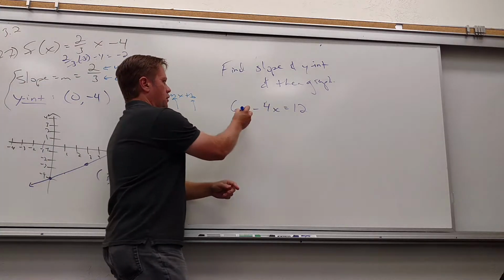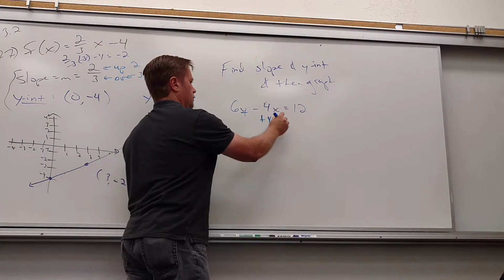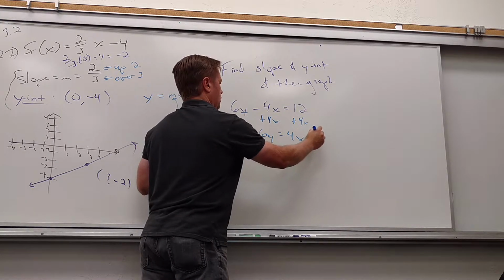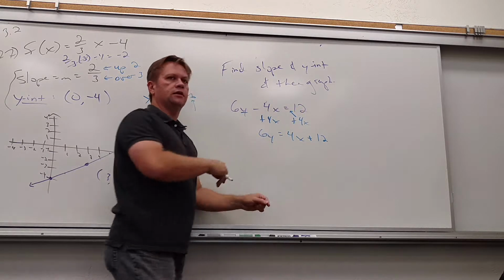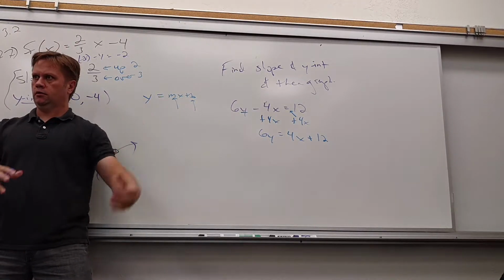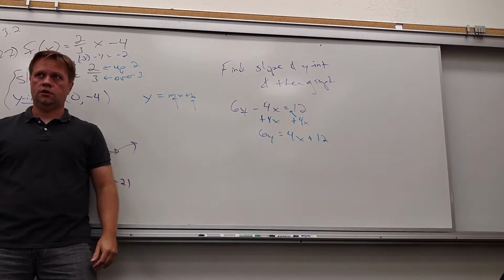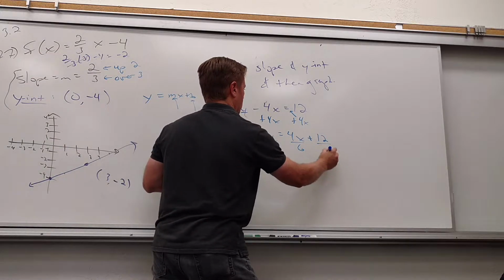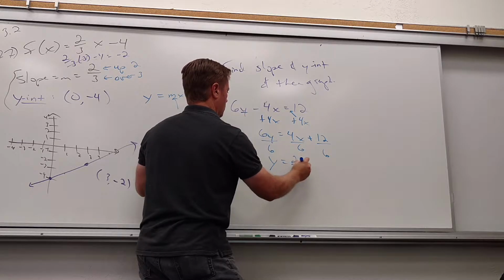Add 4x to start to get y by itself. I'm going to force that in front because it's going to be in the order mx plus b. And then divide by 6.